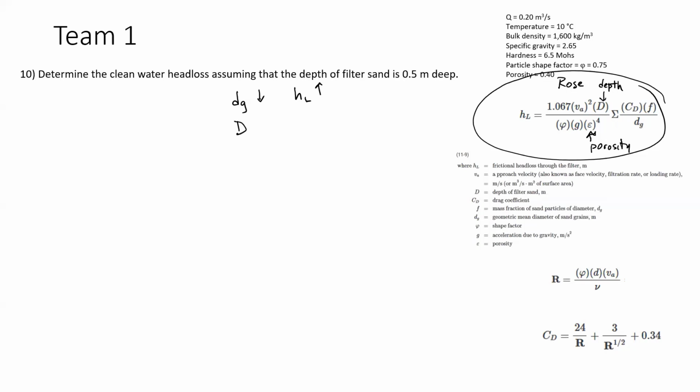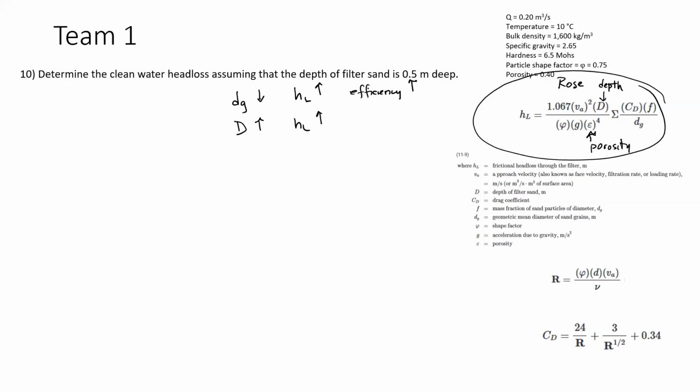If we increase the depth of the filter, what happens to head loss? It also increases. Now, if we decrease the particle size, what happens to the efficiency? It increases, exactly. So we have better quality water, but we're paying for better quality water in head loss.